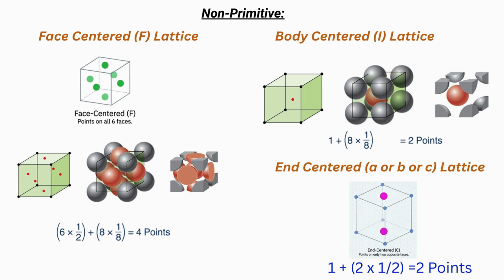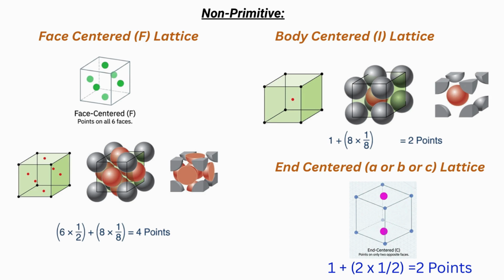And also, how many points can be permitted in each lattice is given, similar to what we discussed in the earlier primitive cell. In the case of face center lattice, we have a maximum of 4 points, because the 8 corners are each shared with 8 adjacent unit cells, so 1 by 8, whereas the face center is shared by 2 adjacent unit cells, so 6 into 1 by 2, as 6 faces are there.